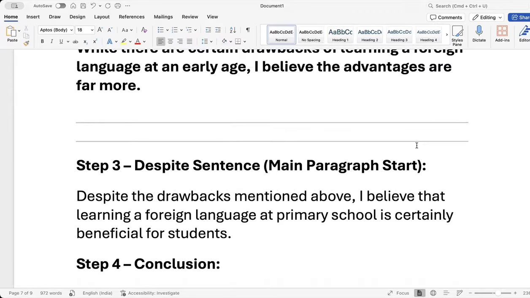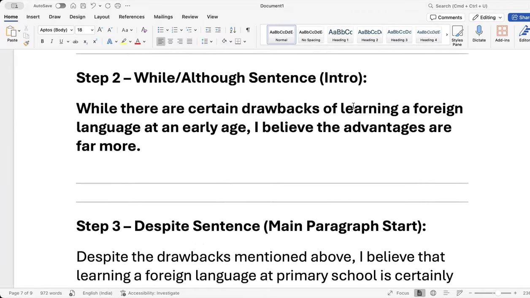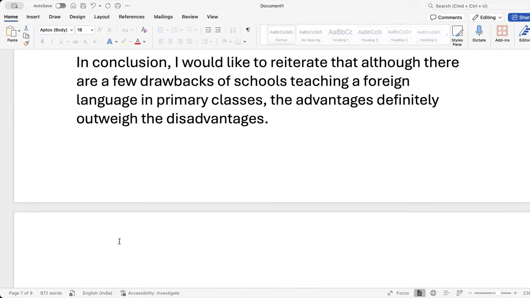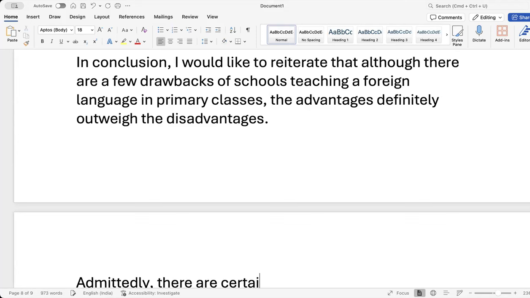Now if we complete the essay, remember, after writing the introduction, what are you going to do in the middle? You're going to put admittedly, and then you're going to say there are certain downsides or drawbacks. Issues is not suiting that well.